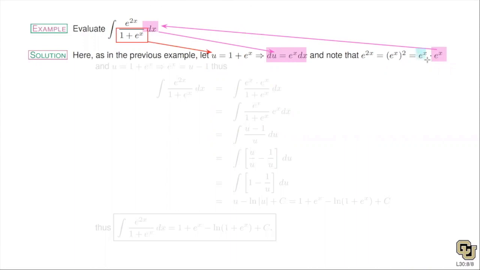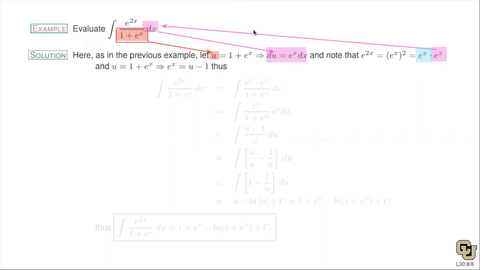So there's still this e to the x that's unaccounted for. The denominator is no problem. That'll be completely replaced with u. But this other e to the x, that's the only one that's unaccounted for. So we use a trick we've used before.